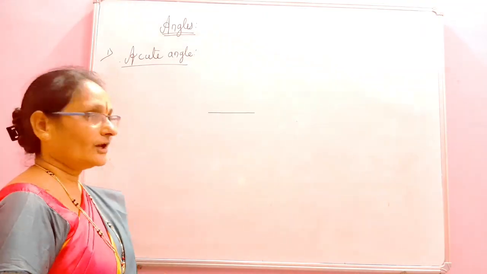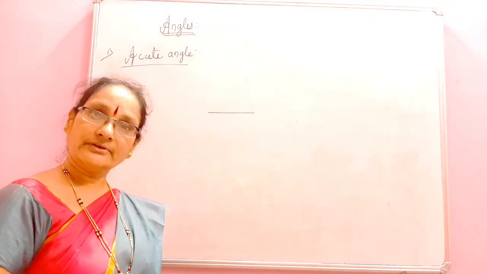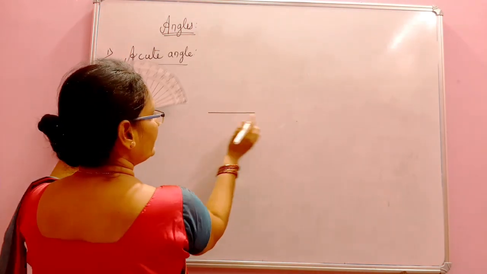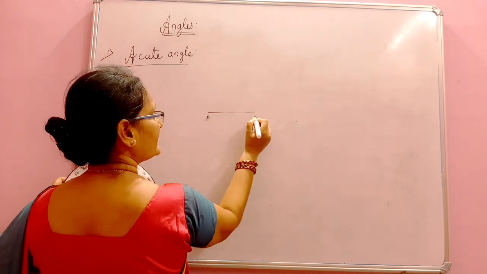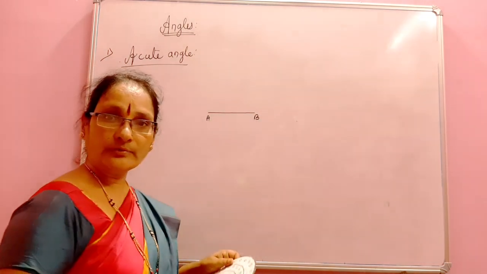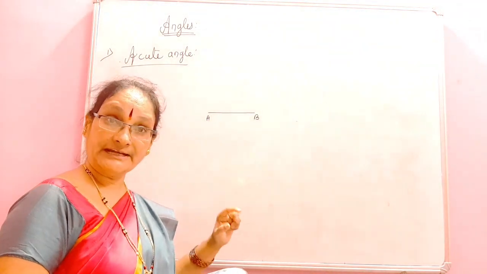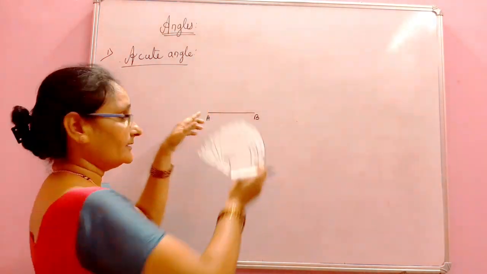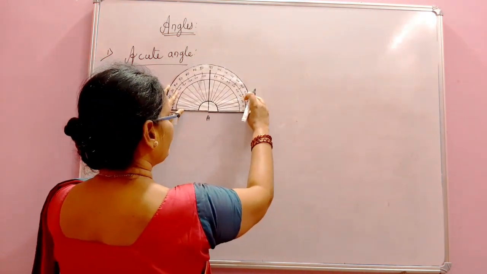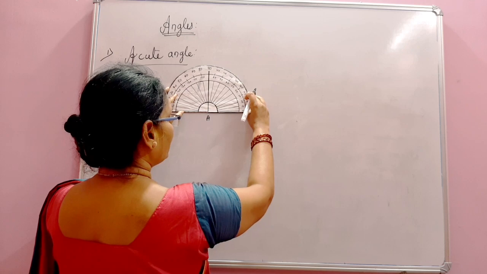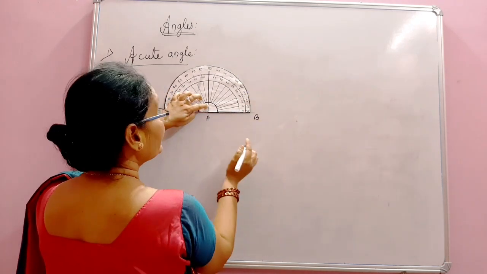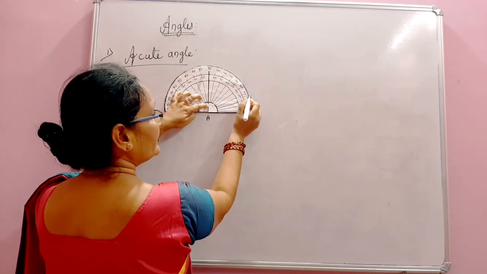Now we draw a 30 degree angle. This is one line segment AB. We draw an angle of 30 degrees at the point A. Keep the center of the protractor on the point A. We want 30 degrees: 10, 20, 30.